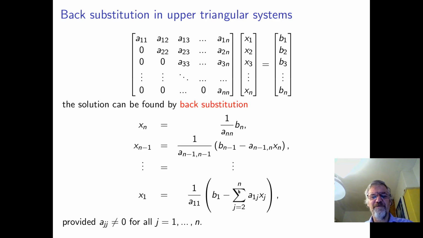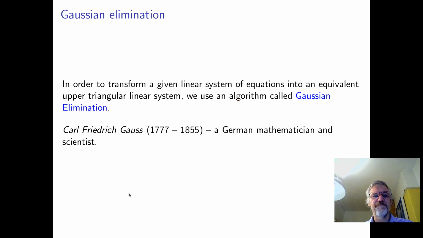And in general you have to subtract all the solutions you've already found multiplied by the coefficient, which just corresponds to moving the things you've already found in each equation over to the other side. And it works as long as the diagonals are not 0. Okay, so in the next segment we're going to formalize this more as Gaussian elimination.